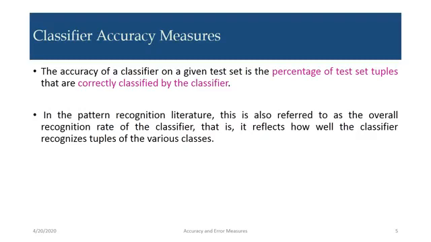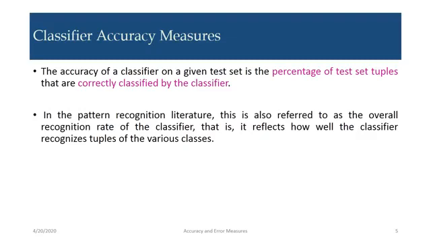Once your classifier model is ready and trained with the training set tuples, we apply that classifier on the testing set and check the percentage of test tuples that are correctly classified by the classifier. According to that, we can see the accuracy rate of the classifier.